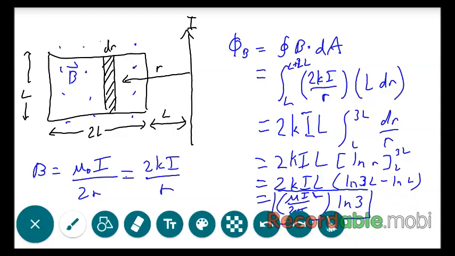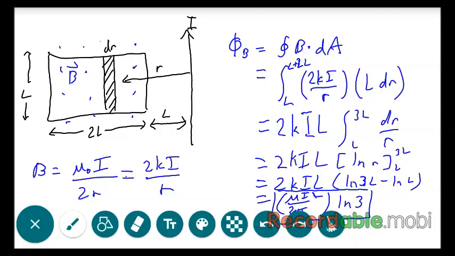In that case, due to Lenz's law, the loop is going to want to induce a current that resists change. It's going to create a magnetic field itself that goes out of the page to counter the decrease of the magnetic field of the long straight wire.